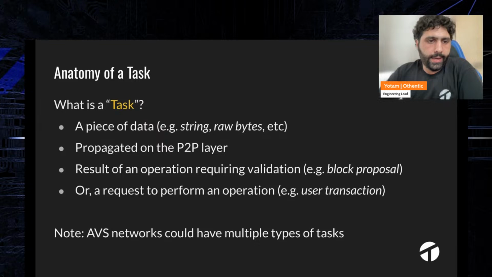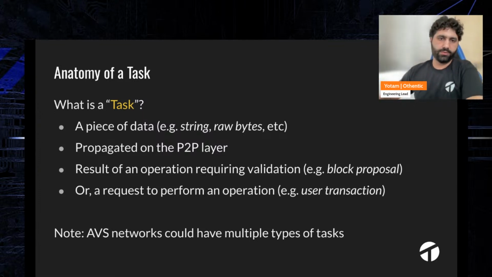The other example is if I was a user and I wanted to make a swap, I send a transaction to the network, the transaction is propagated through the network, and each node executes that transaction. So the task in that case is the transaction itself and the data for that transaction.